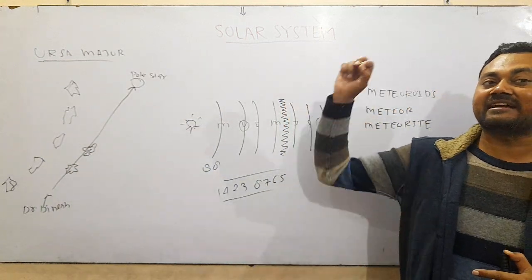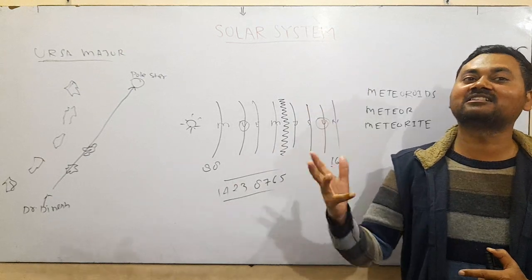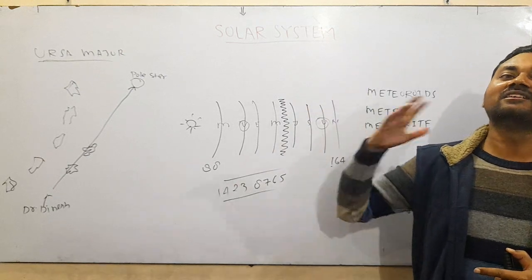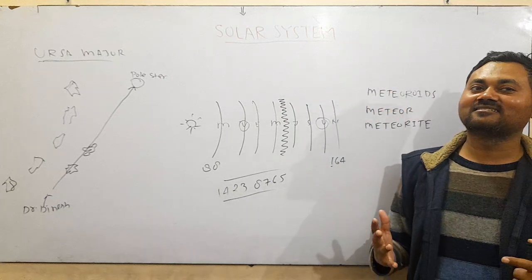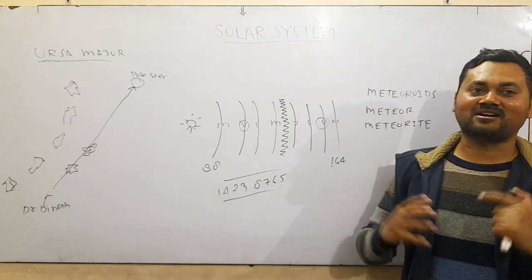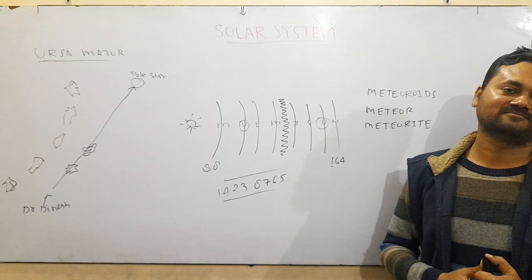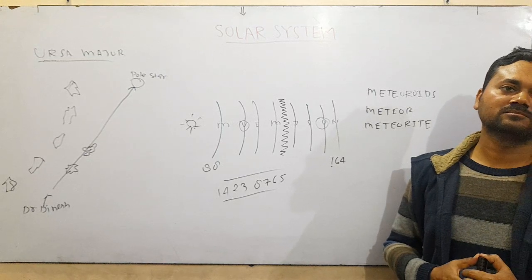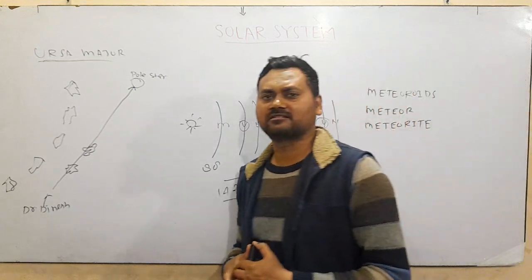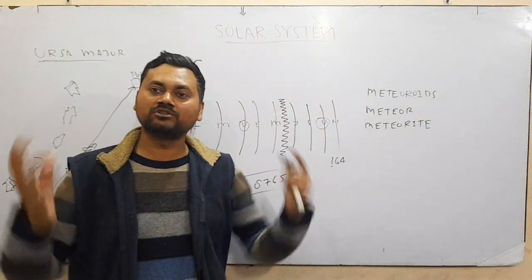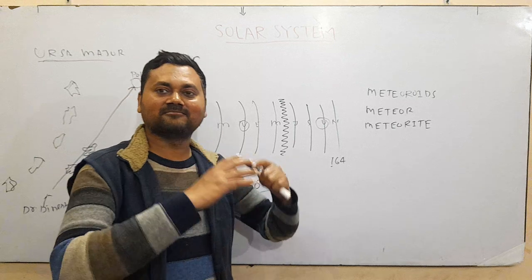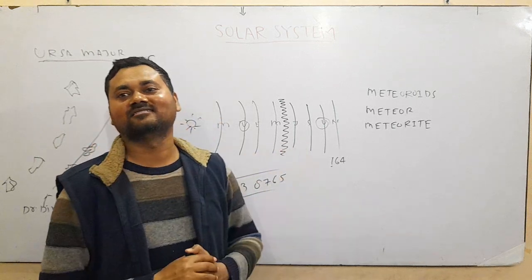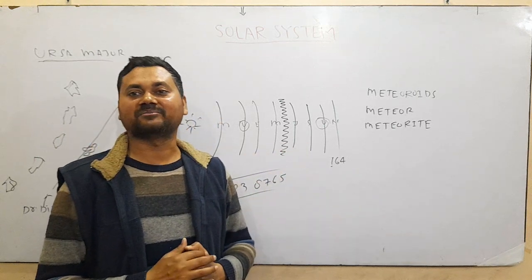And when they hit a certain portion of the earth's surface, we get places like Lonar Lake located in Maharashtra and others, because they are so huge in size that they can sometimes devastate a whole village.